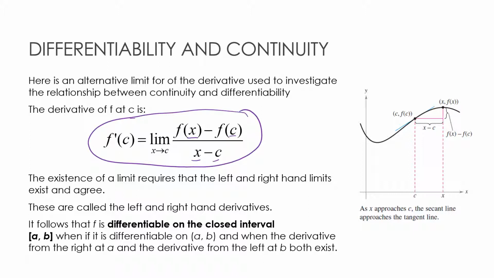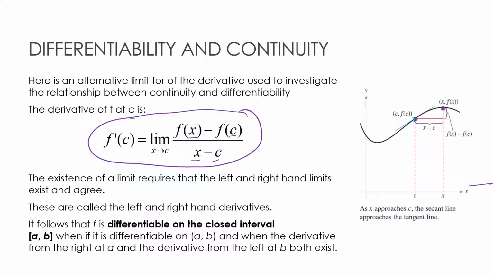And it's differentiable on a closed interval [a, b], we get the idea. It's differentiable over that whole interval when the derivative from the right of a and the left of b both exist. So let's look at that using our picture.